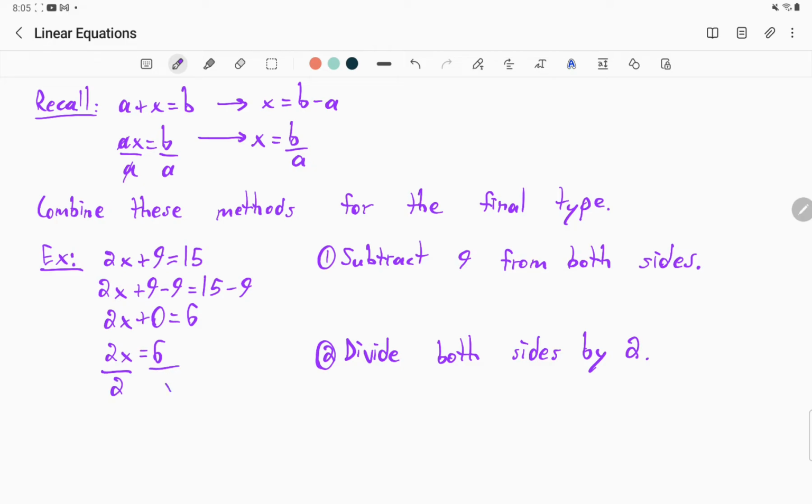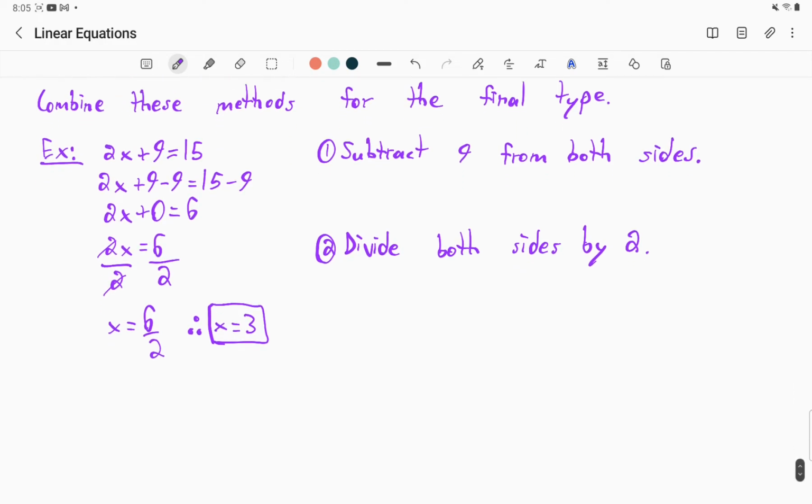So 2x divided by 2, 6 divided by 2. The 2's cancel. You end up with x is 6 divided by 2. Therefore, x equals, well, 6 divided by 2 is 3. That's our answer. So it's 2 steps. You start by subtracting 9 from both sides, and you divide both sides by 2 for 2x plus 9 equals 15.